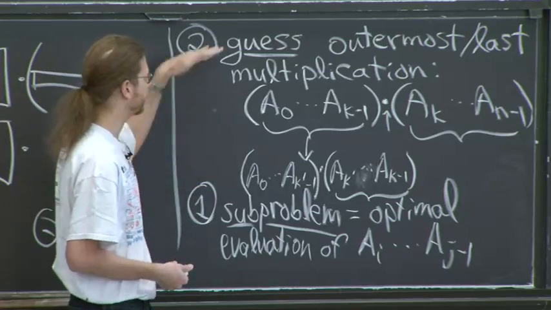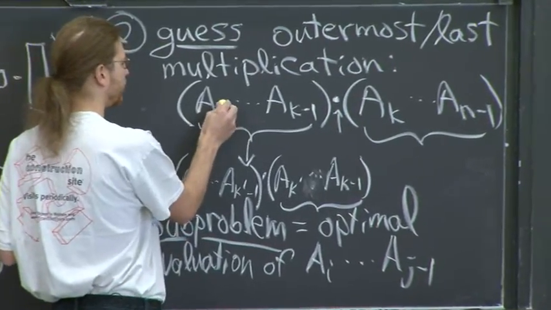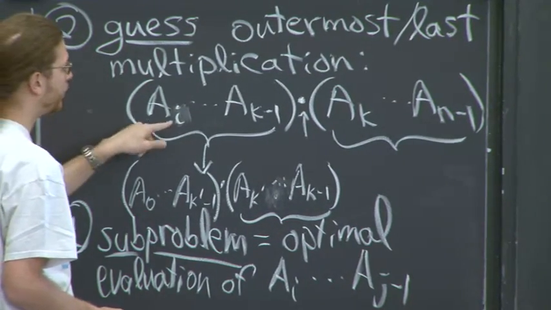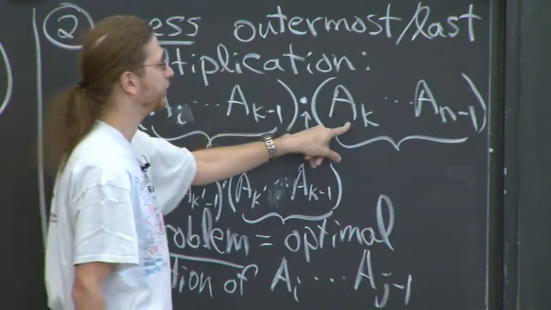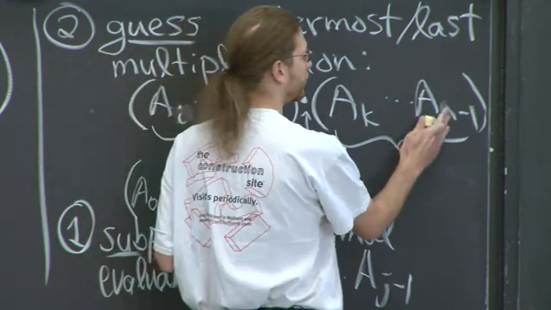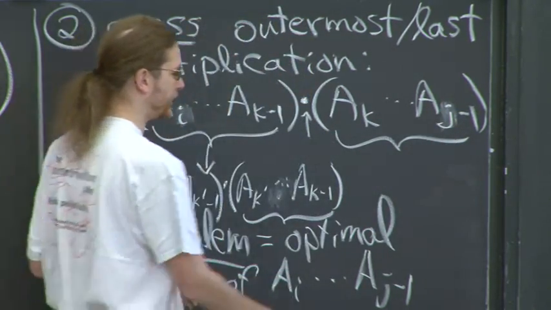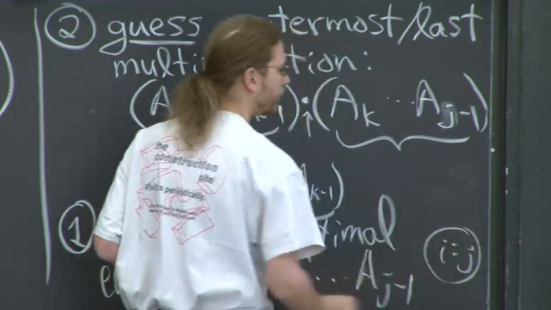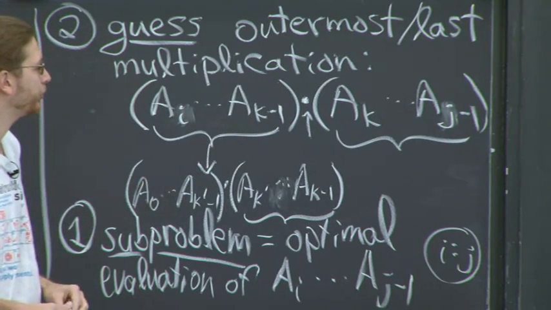So actually, I have to revise this slightly. Now we're going from ai. To solve this subproblem, which is what we need to do in the guessing step, we start from ai. We go to some guessed place, ak minus 1. Then from ak up to aj minus 1. This is the i colon j subproblem. So we guess some point in the middle, some choice for k.